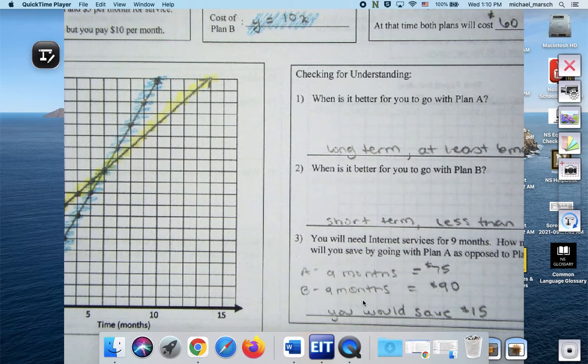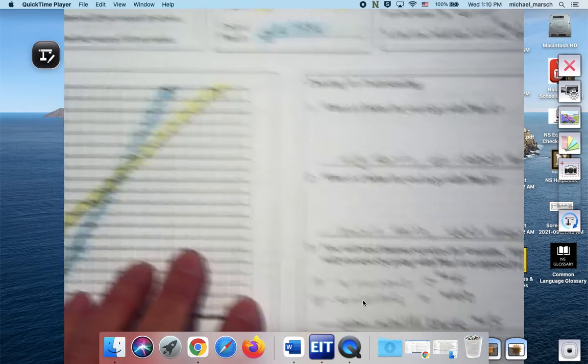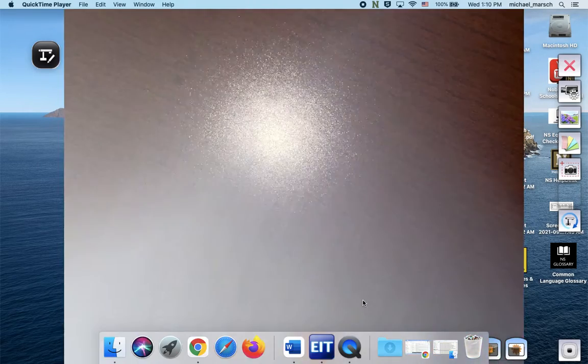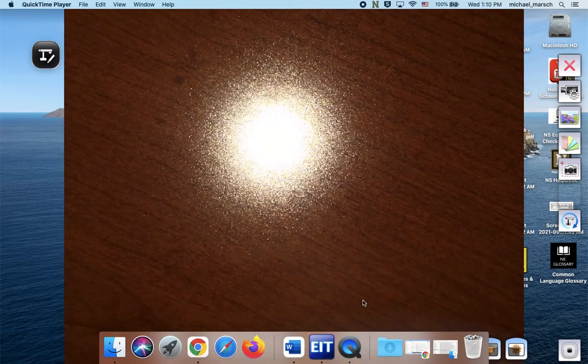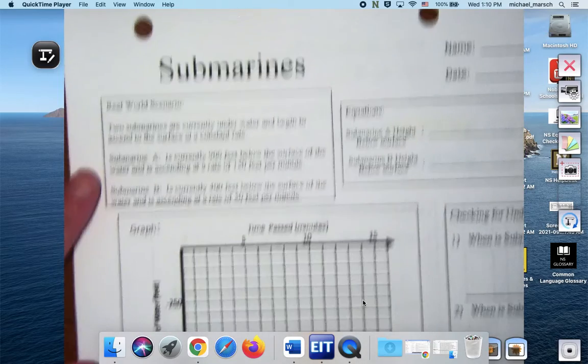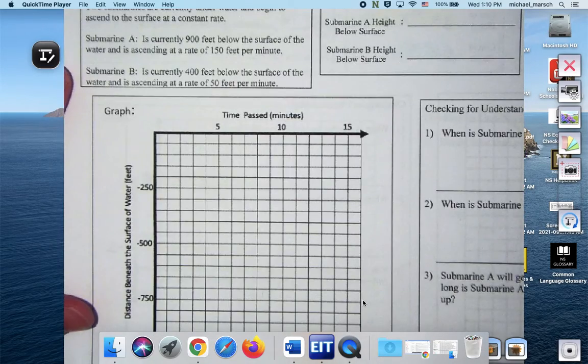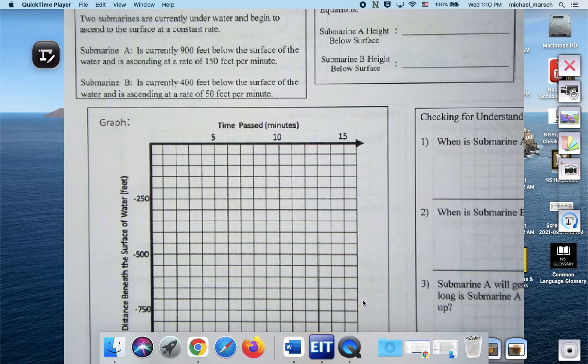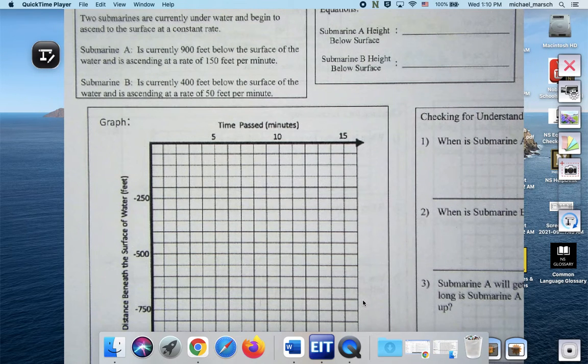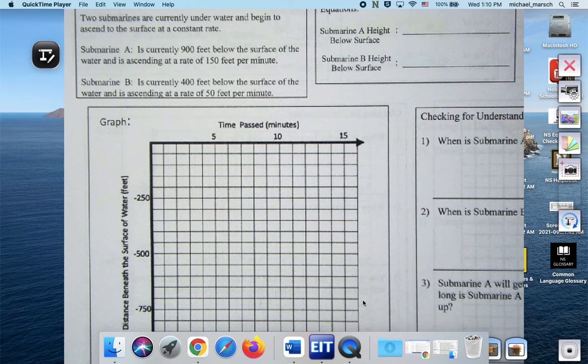Isn't this so fun? Okay, let's do one more together. Ooh, this is an interesting graph. Oh, wow. This one's fun. All right, we can do this. Do you guys want your colored pencils? Go ahead and get colored pencils if you need them. Yellow and light blue or whatever colors you want.